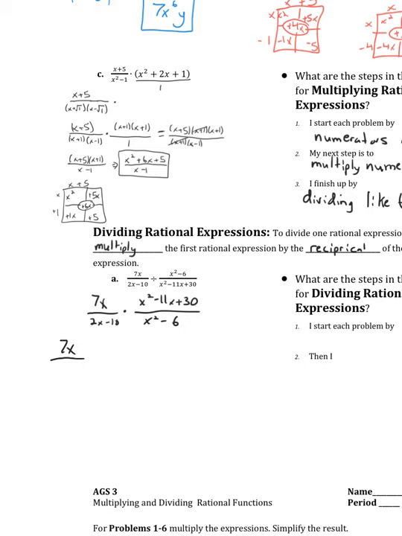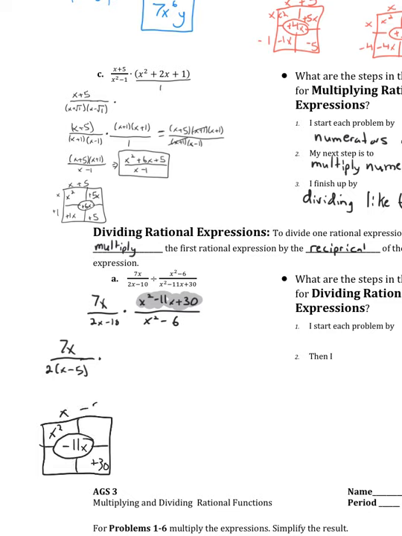The denominator here is 2x minus 10. I can pull a 2 out of there and get an x minus 5. Now I'm hoping there's an x minus 5 hiding in this other expression so that I can simplify something. So I'll do a box method on x squared minus 11x plus 30.